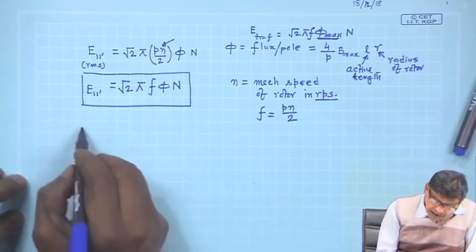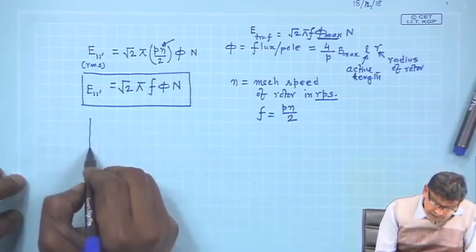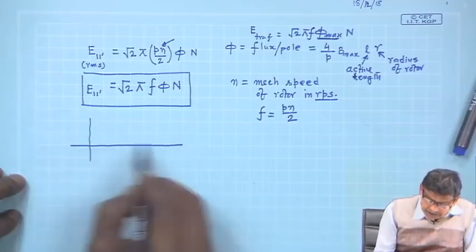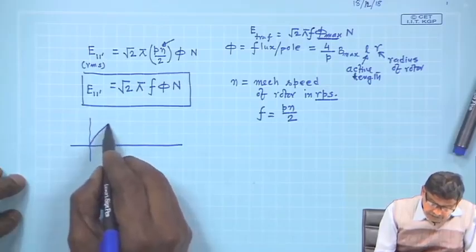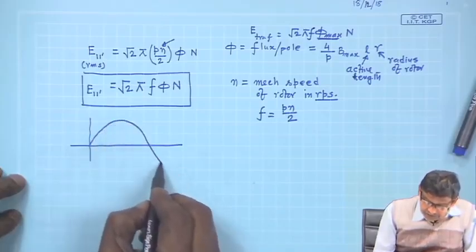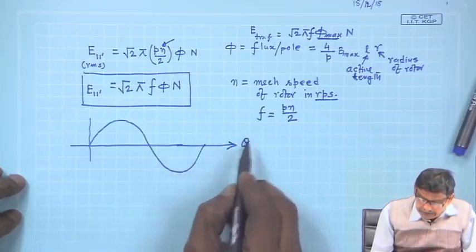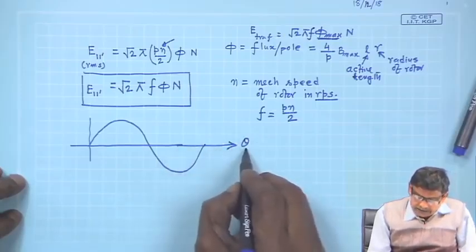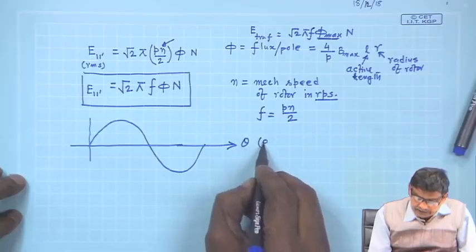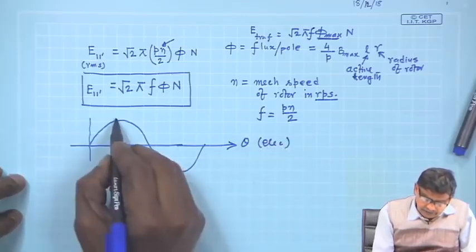Now, the idea was that I assumed the flux density was sinusoidally distributed in space. This is the space angle, without anything written it means electrical, and this is B max.